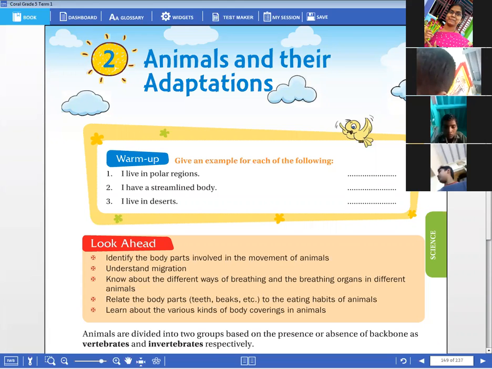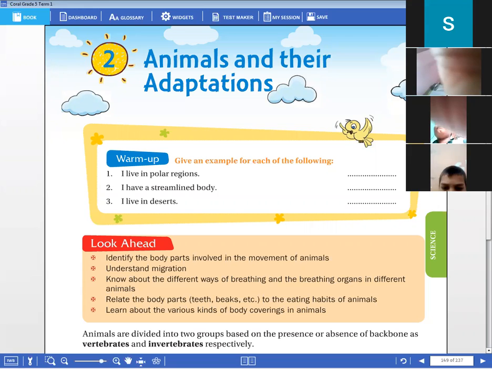Keep doing it, children. Kiran, what happened, Kiran is also being quiet. The camel is also called as, what is the other name of camel, children?